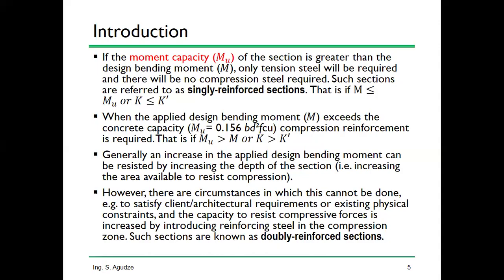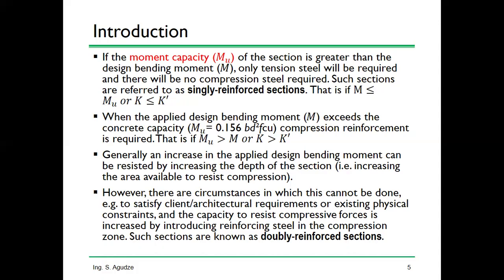Now, what we discussed, the beam itself has its own capacity, which essentially is the concrete capacity. So if the moment capacity of the section is bigger than the moment due to loading, in other words, the design load, then we will be able to say the section is singly reinforced.